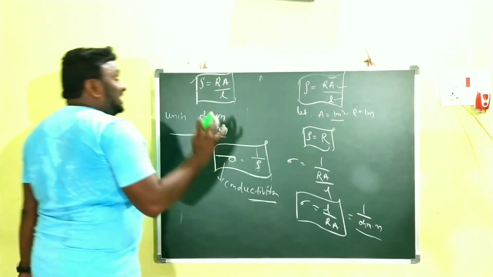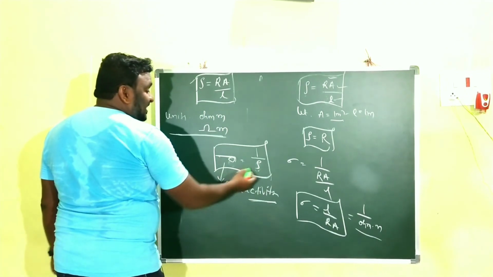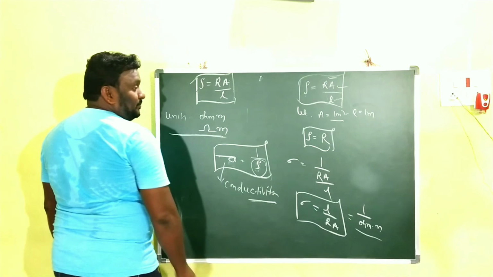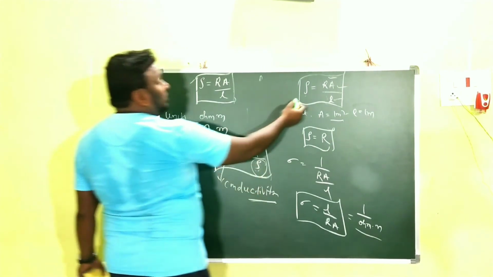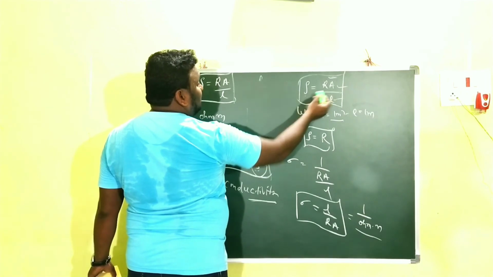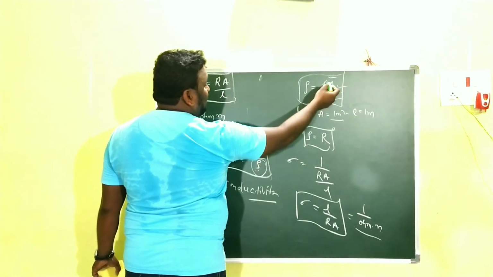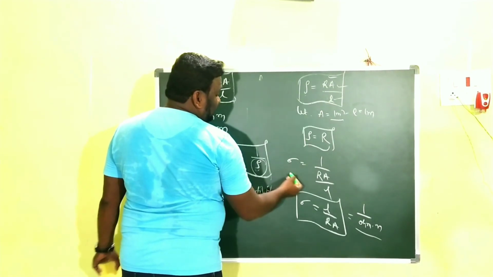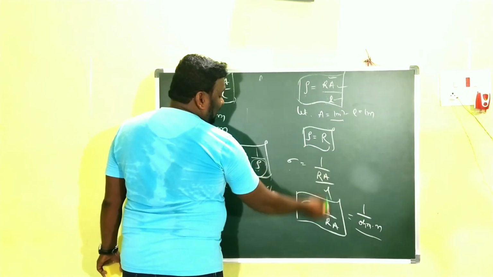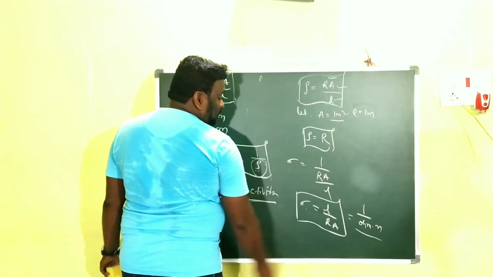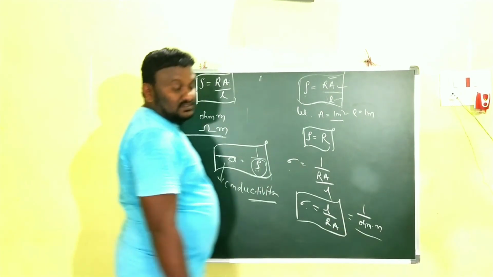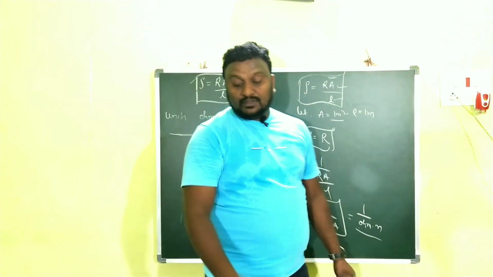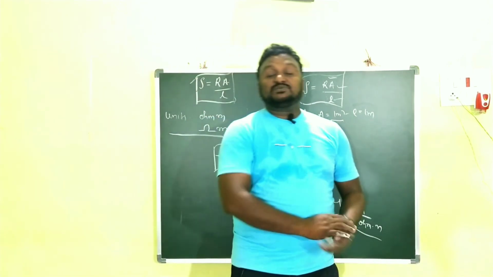Up to now we discussed what rho is and its formula. Rho is equal to RA by L, and when we substitute, sigma is equal to 1 by RA by L, which is L by RA, and the units are 1 by ohm meter. So children, this is about conductivity and resistivity.